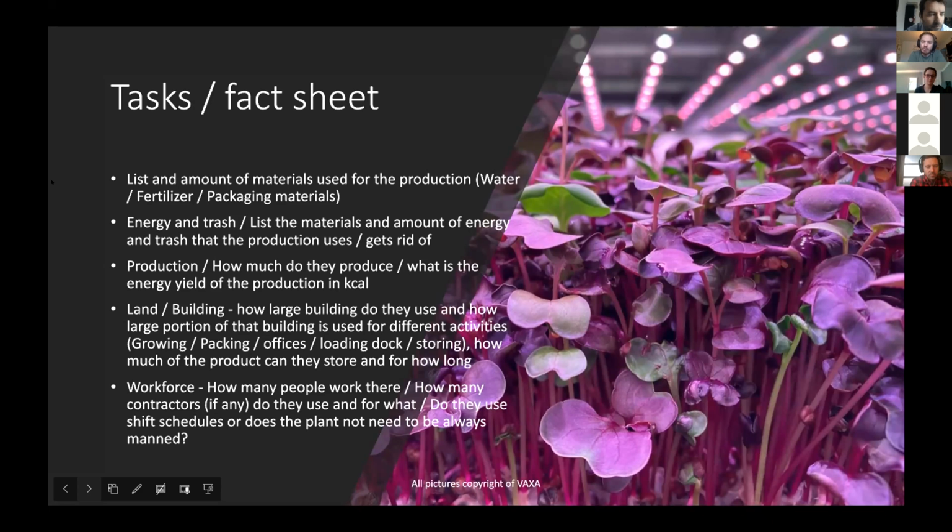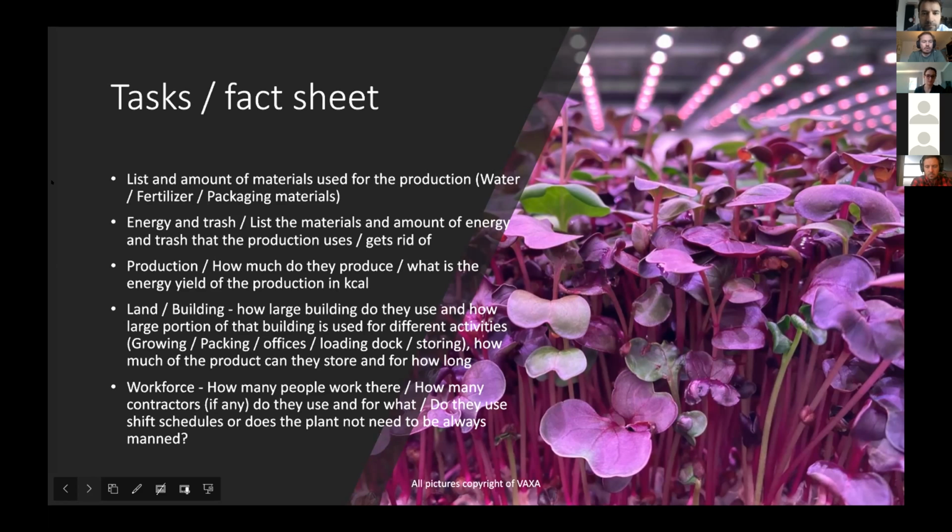How much power are they using? What is the source of the energy? Heating, packaging material when going out, what kind of wastewater is there, any residual nutrients in the wastewater, or are they recycling everything? Does the factory itself have greenhouse gas emissions?